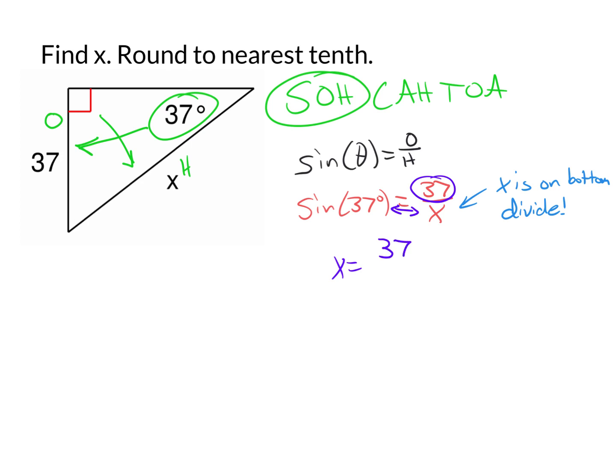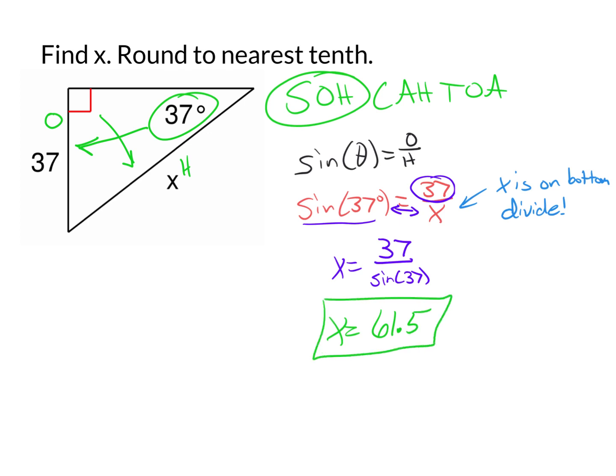Whatever your number is on top, it stays on top of the fraction, and it divides by whatever your trig is, so sine 37. So 37 divided by sine 37, close parentheses, and x is equal to 61.48, which rounds to, that 8 rounds the 4 up, so it's 61.5.